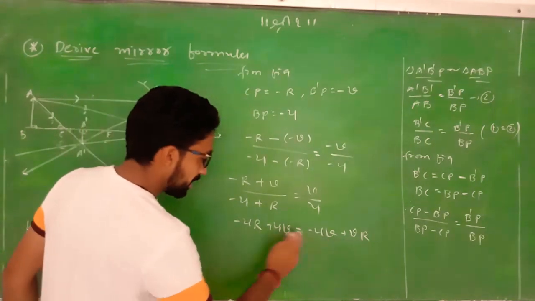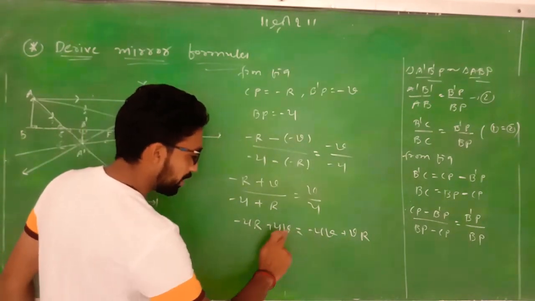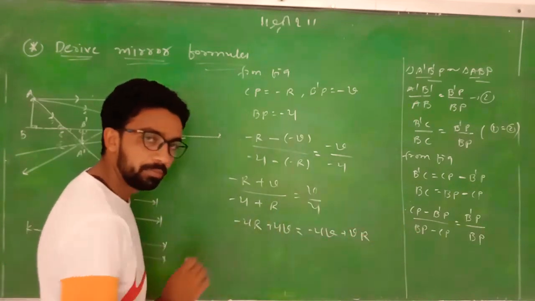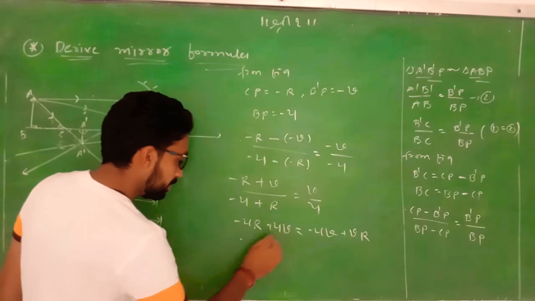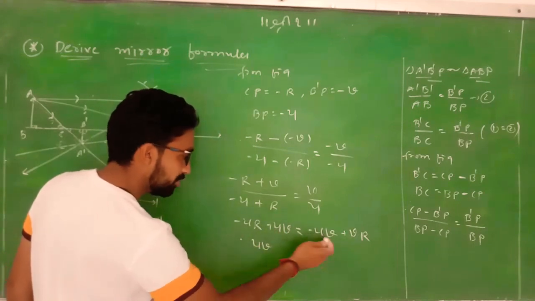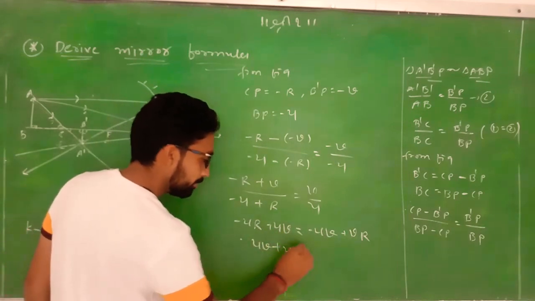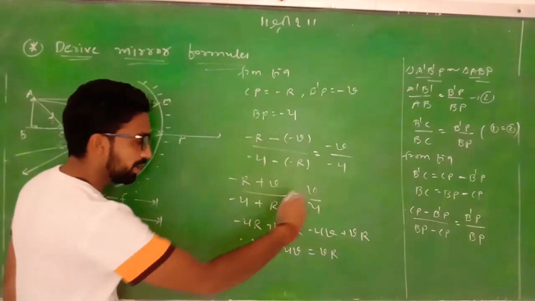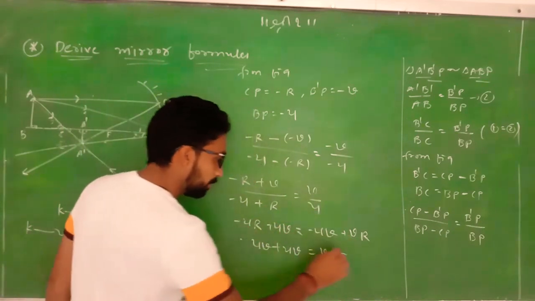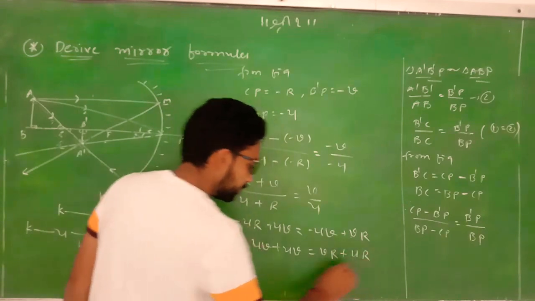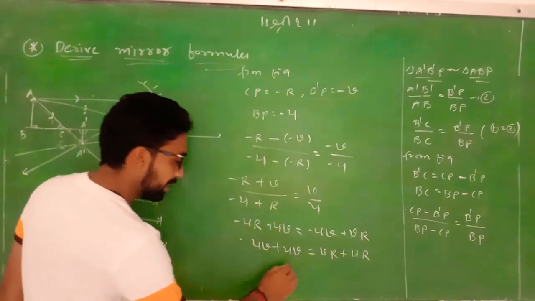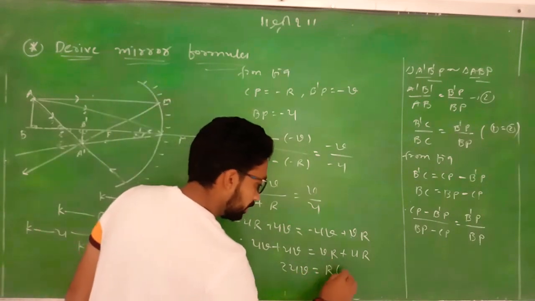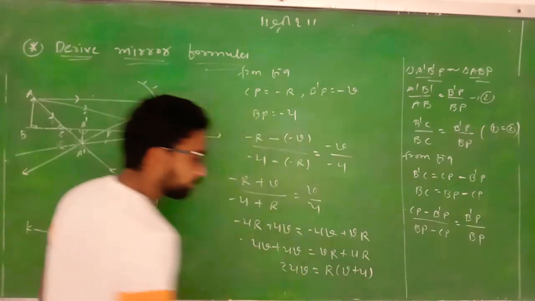So this UV is taken in LHS, so this becomes plus, and this minus UR is taken in RHS, so that becomes plus. So first of all, this UV is as it is, this minus UV is here, so UV. Now this VR is as it is, this minus UR is taken in RHS, so minus becomes plus UR. This one is UV plus UV, that is 2UV is equal to R taken common, so V plus U.